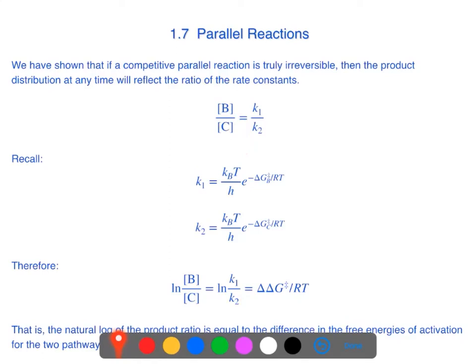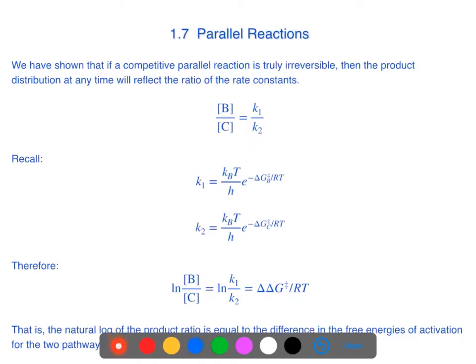Now, the last part of this video, I want to discuss the free energy of activation. And we will discuss this in more detail in upcoming videos, in upcoming sections, specifically the activated complex theory, where we relate kinetic parameters, i.e. the rate constant, to thermodynamic properties.